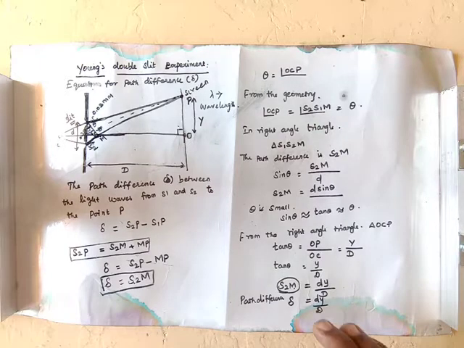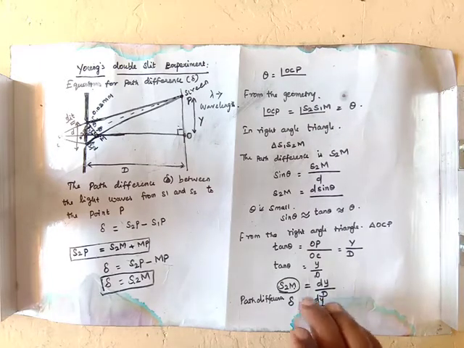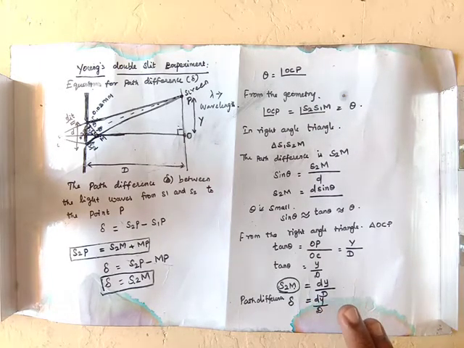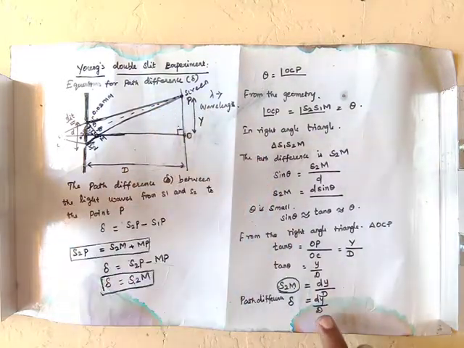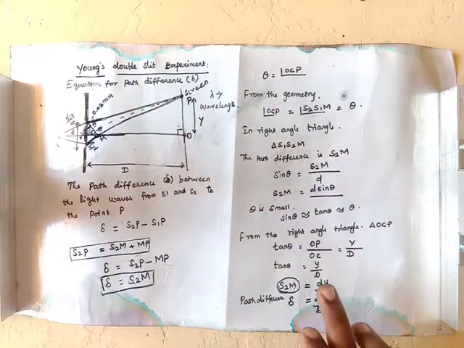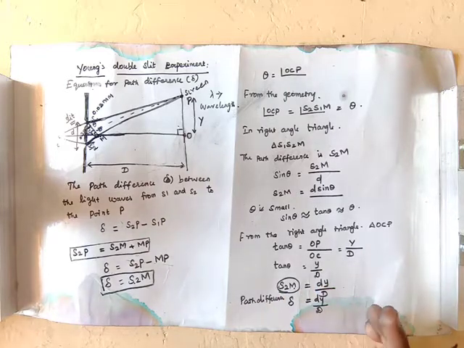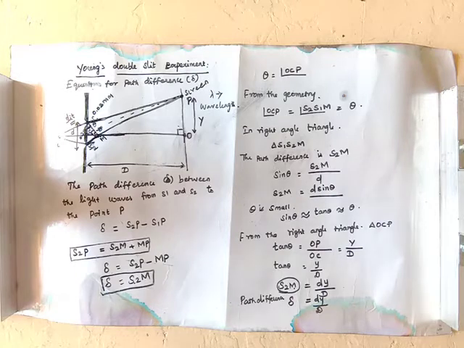Based on the condition of the path difference, there are bright or dark fringes. Already you know the condition for the bright fringes and dark fringes.